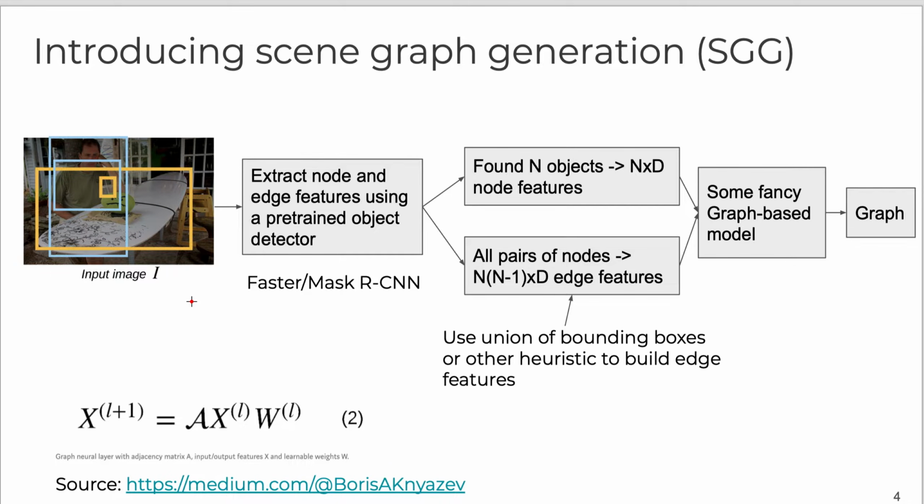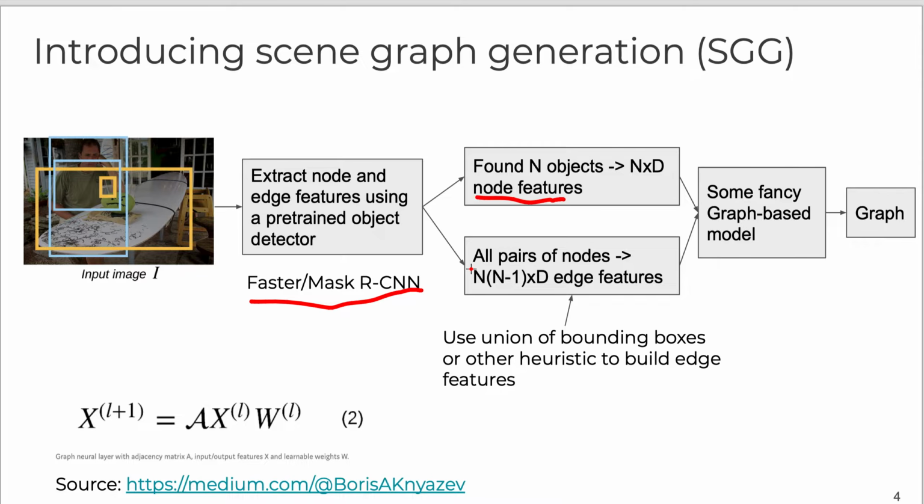Basically we have an image, and the main work is done during object prediction, object detection, and construction of node and edge features.